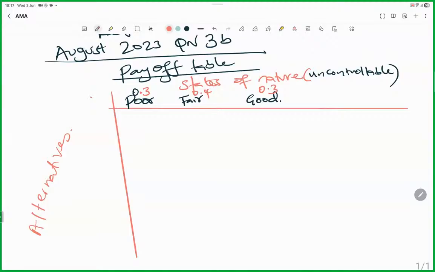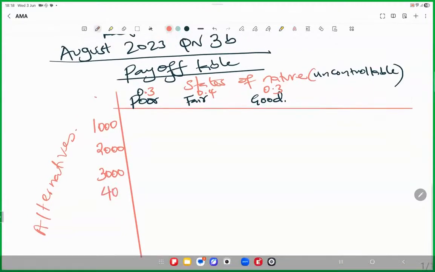And then now we have alternatives. Alternatives are our actions, what we are going to do ourselves. For example, if you're going to sell 1,000 sandwiches, that is upon us. We are the ones to make that decision. So we have 2,000, 3,000, 4,000.